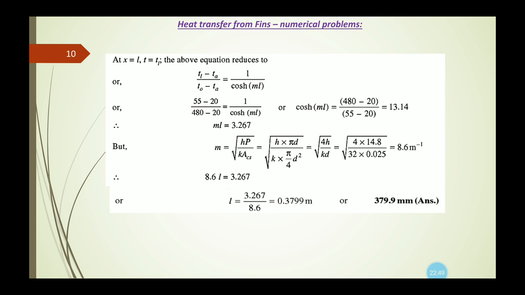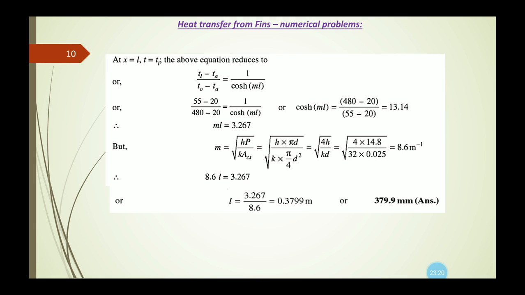The mathematical representation of m is root under hP by kA. Here P equals pi d and the cross-sectional area equals pi d square by 4. Putting all these formulas and the given values, we can easily calculate the value of m, which is root under hP by kA, and the value we get is 8.6 per meter.